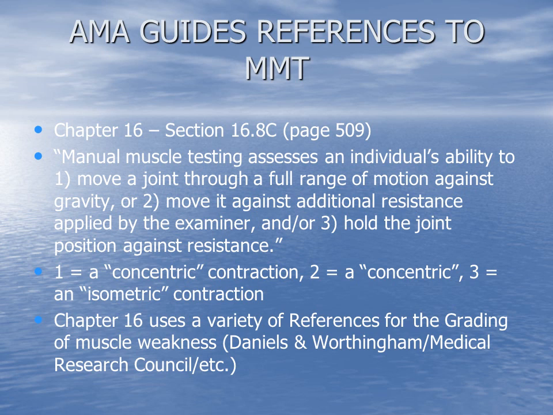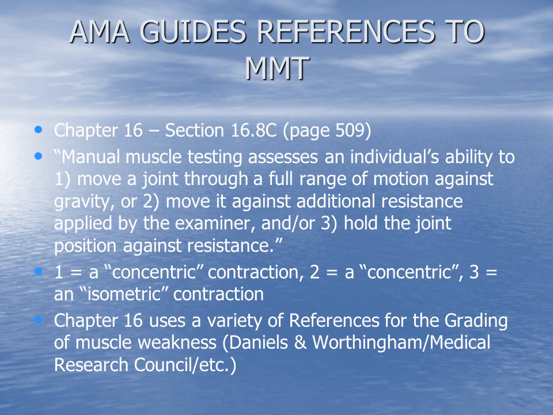It says there on page 509, quote, "Manual muscle testing assesses an individual's ability to, number one, move a joint through a full range of motion against gravity, or two, move it against additional resistance applied by the examiner, and/or number three, hold the joint position against resistance." So therein lies the crux of our grading system.